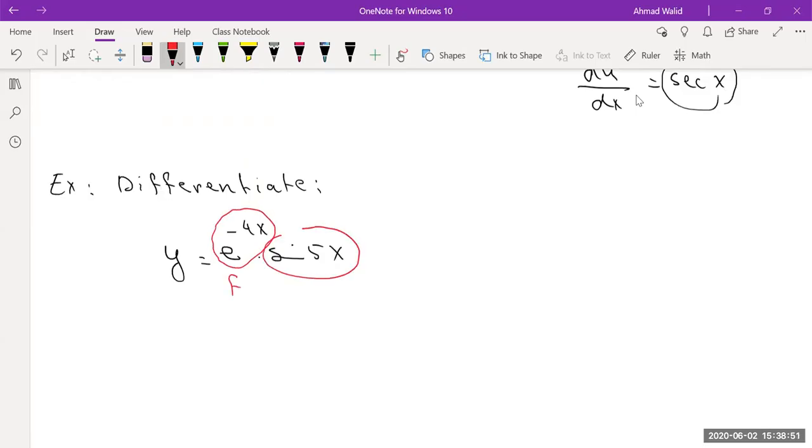Sine of 5x is another function. You have f times g. And you know that d over dx, the derivative of f times g, equals f times g prime plus f prime g, right? That's the product rule of derivatives. Let's apply this rule here.